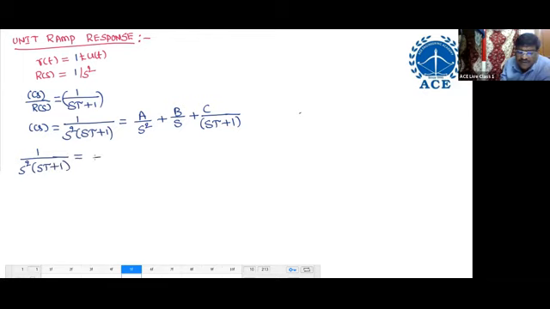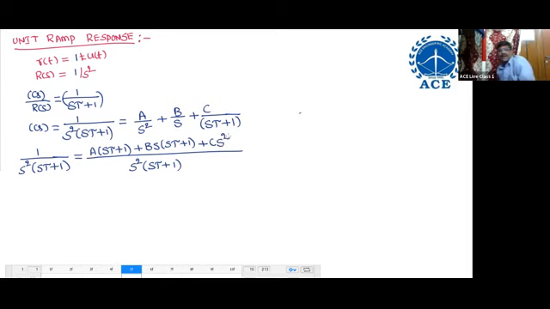That equals, take the LCM here. What is the LCM? S square into S tau plus 1. So A into S tau plus 1 plus B S into S tau plus 1 plus C into S square.